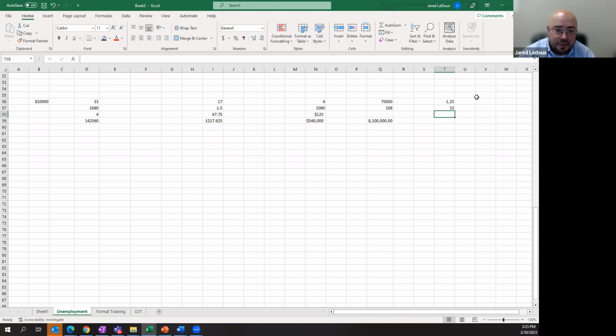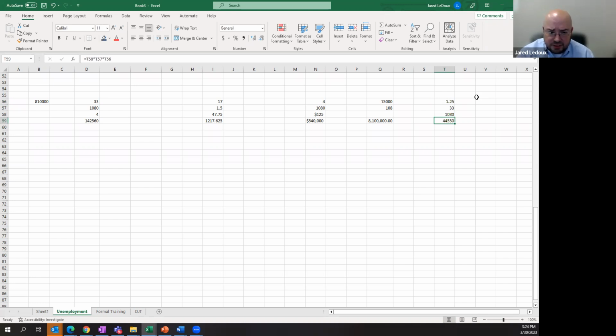Do that over and over again, 1,080 times. I'm going to multiply those numbers together, and you can see it's an additional expense of $44,000 or so to handle the post-employment acquisition and dissemination of information.